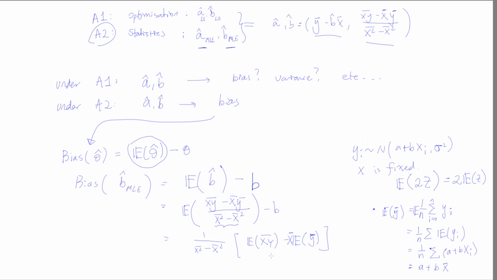So that's the expectation of y bar. Now, what about the expectation of x y bar? Let me do that on a different slide. It's going to be very similar, but now we have xi yi.